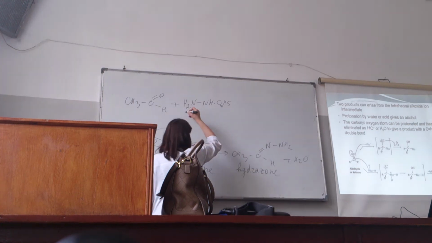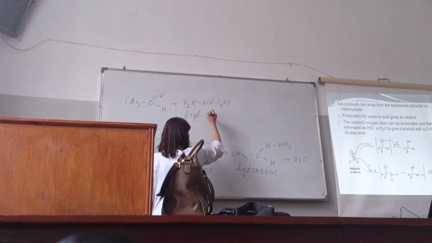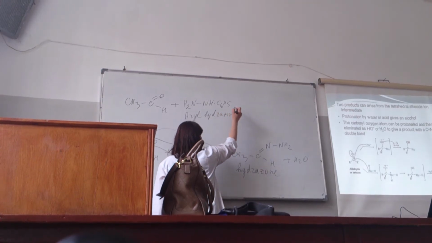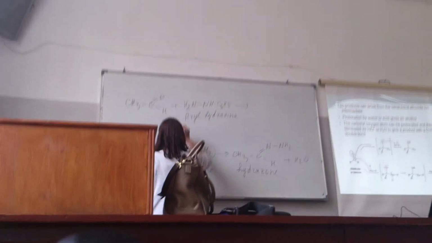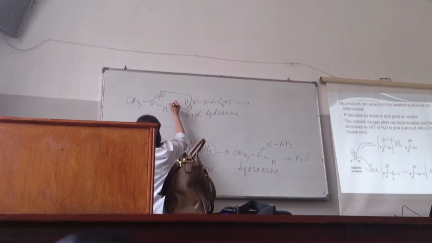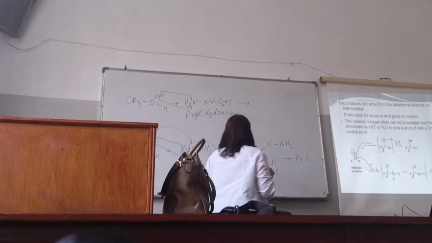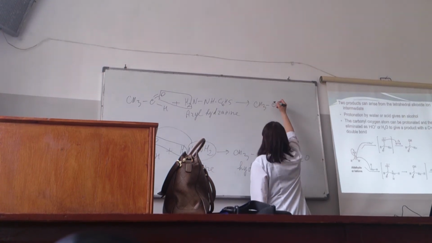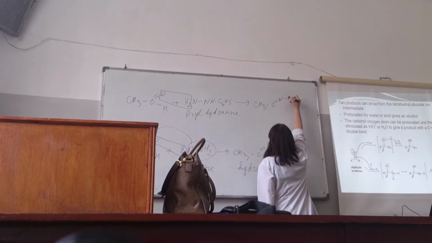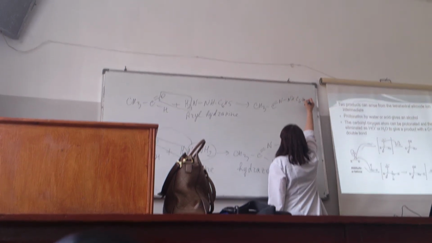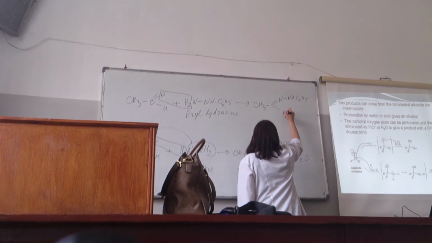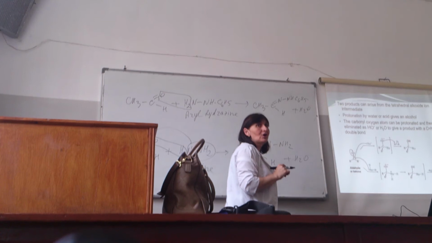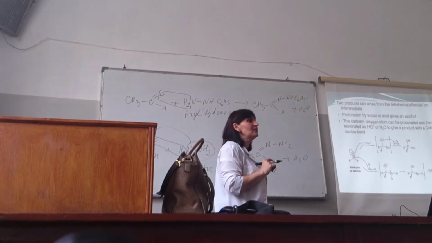This one is aryl hydrazine. So once again, take oxygen and two H atoms, and you get the structure of your product, C double bond N, NH, C6H5, plus H2O. So this product is aryl hydrazone.